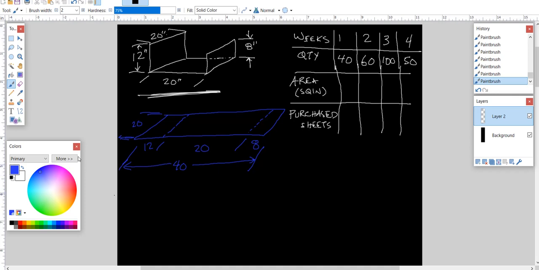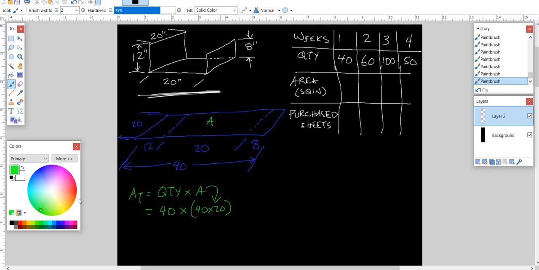Okay, so the area total, I'll use a different color here. So the area total is equal to my quantity times my area. Okay, so we have 40 times 40 times 20.